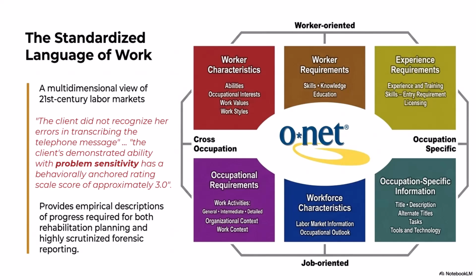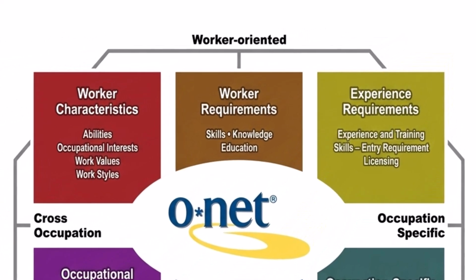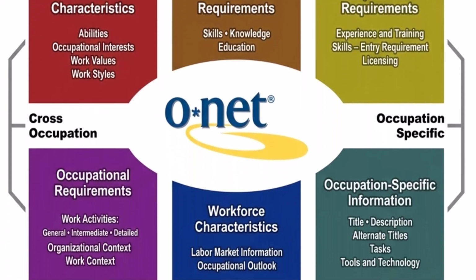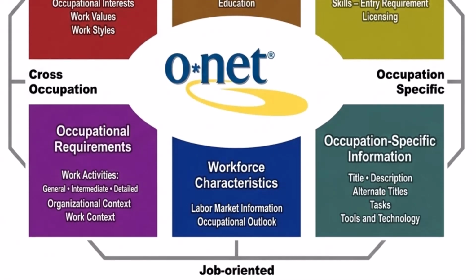To bridge this gap effectively, we rely on the standardized language of work provided by ONET, which offers a multidimensional view of 21st century labor markets. ONET links worker characteristics, like abilities and work styles, to occupation-specific information.